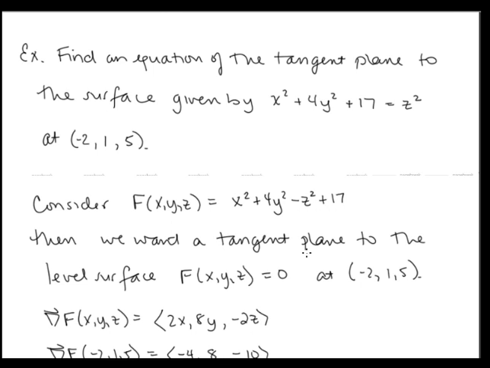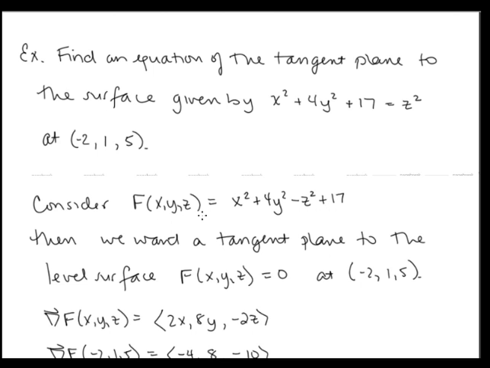Now we can use this method to answer questions that we had from back in lesson 15, find an equation of the tangent plane to a surface at a particular point. And let's take a look at how we can do that. If we're given, find an equation of the tangent plane to the surface given by x squared plus 4y squared plus 17 equals z squared at negative 2, 1, 5, well, we could create a function of 3 variables, capital F, and consider this surface to be a level surface of this function.